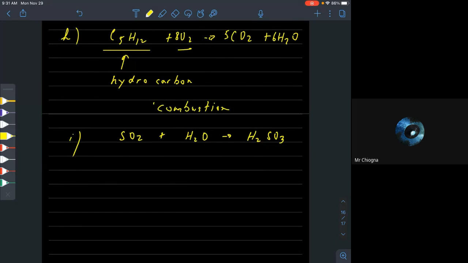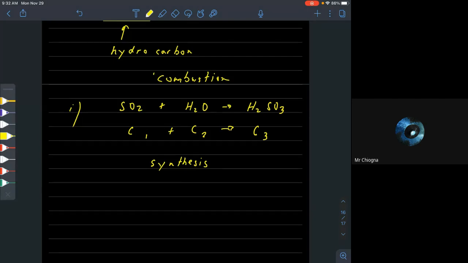Now, what do we have? We have a compound, a smaller compound, plus another smaller compound, producing a larger compound. It's synthesis. Two things coming together to produce one. It's already balanced.